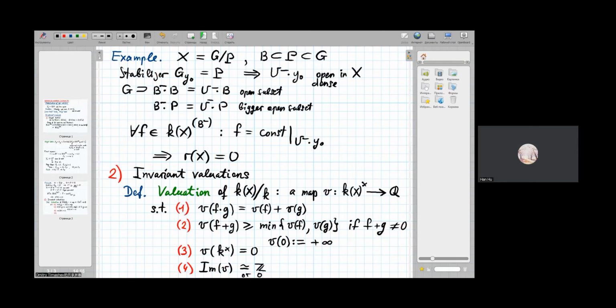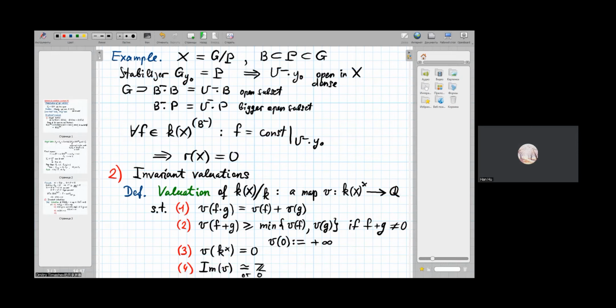Well, it is not the most general definition of valuation of a field, of course. If you know commutative algebra well, then maybe you've come across more general definitions of valuations. On the other side, there is a definition of a discrete valuation in which usually the value group is taken to be Z, just integers.